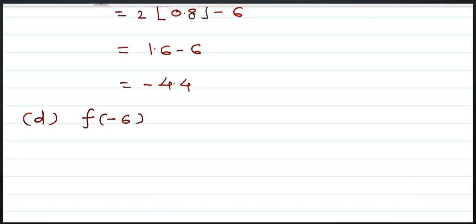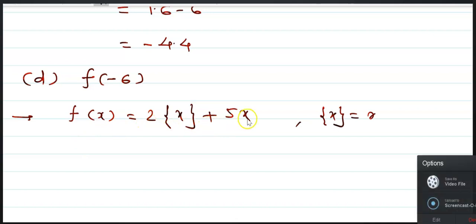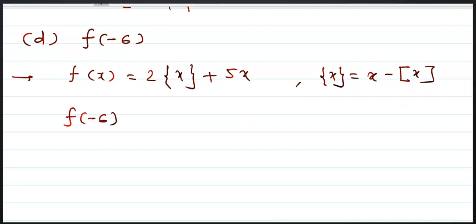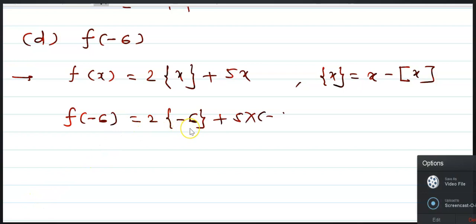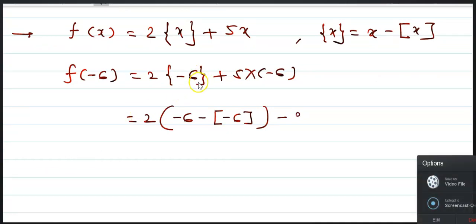Now, next is D, f of minus 6. Therefore, f of x is equal to 2 times the fractional part of x plus 5x. Again, the fractional part of x is equal to x minus the integral part of x. Therefore, f of minus 6 is equal to 2 into the fractional part of minus 6, plus 5 into minus 6, and you will get the answer. The fractional part of minus 6 is minus 6 minus the integral part of minus 6.